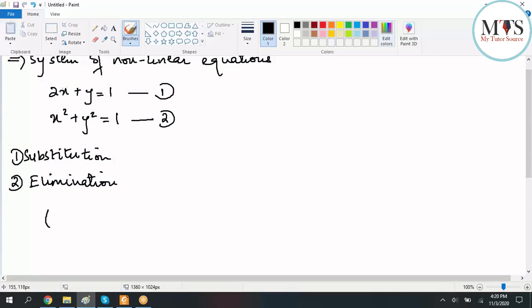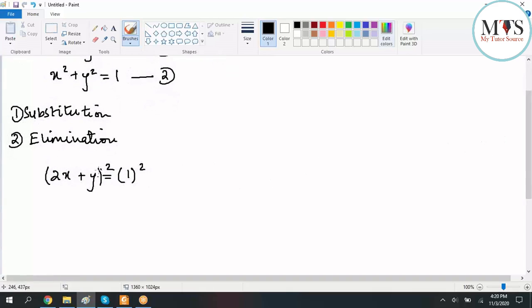So in elimination, in this case, what we'll do is we'll square the first equation actually. 2x plus y, whole squared, equals 1 squared. So do you know how to expand a bracket which has a square on top of it?